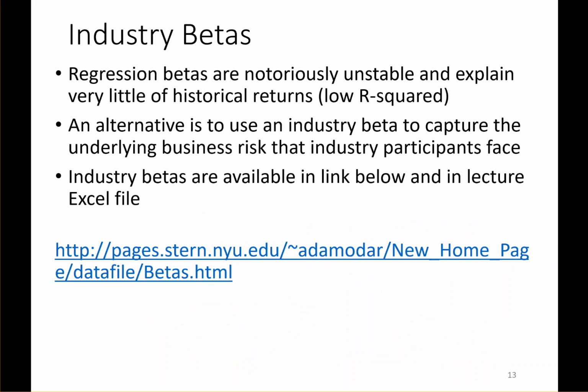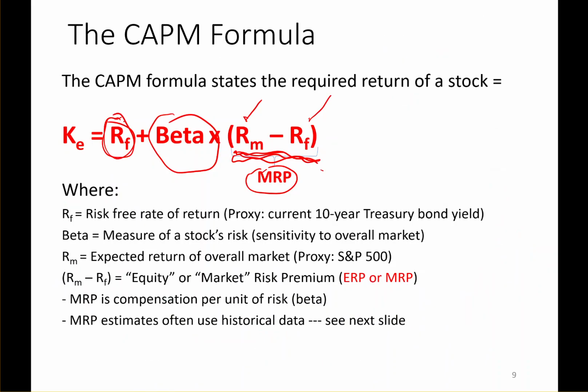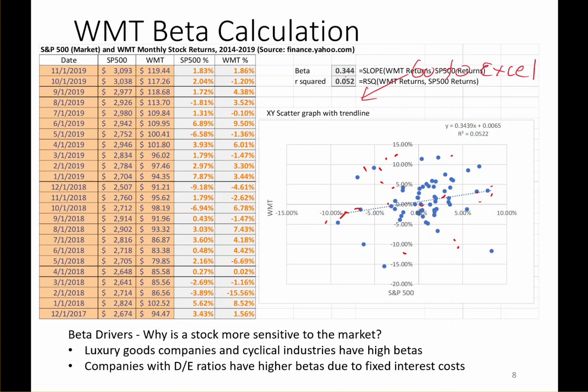And we're also going to use it in this other concept of an industry beta. So we saw when we calculated beta, we didn't talk much about it, but this R squared is terrible, 0.05. So 5% of Walmart's variation in returns is explained by the market. So 95% is explained by other things.